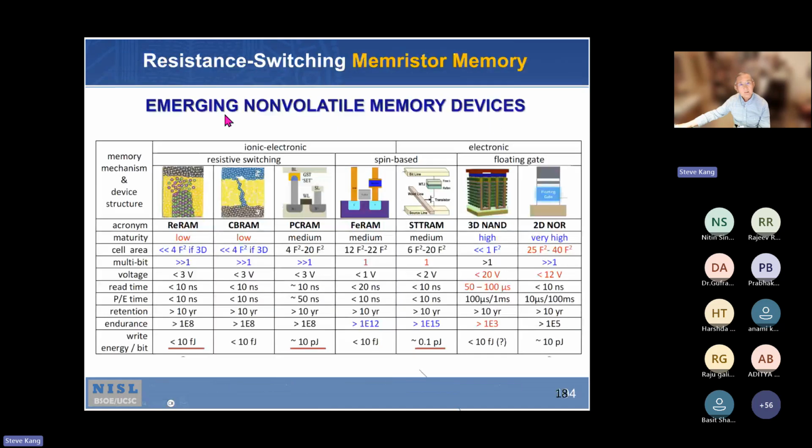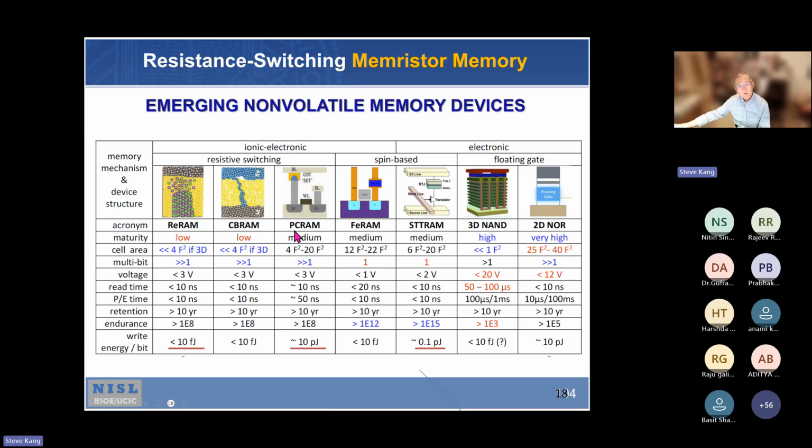This shows emerging non-volatile memory devices. RRAM maturity is low, meaning it's not fully developed. Cell area is 4F squared, which is actually small. F is the minimum feature size. So if it's 3 nanometer technology, it's 4 times 9 nanometer square, so 36 nanometer square, if it's 3D. Conductive bridge RAM, maturity is low, again less than 4F squared if it's 3D.